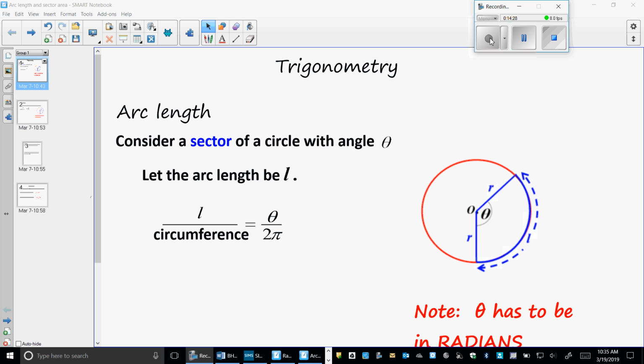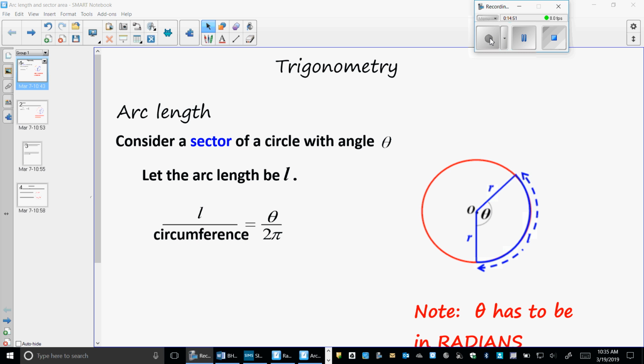Do you remember how you've done this before? If you were asked to find this measurement here, we know it's a portion of the circumference. So it would be this angle out of 360 multiplied by 2 pi r. Lovely job. This is a whole different way of doing it, but the principle is the same thing.